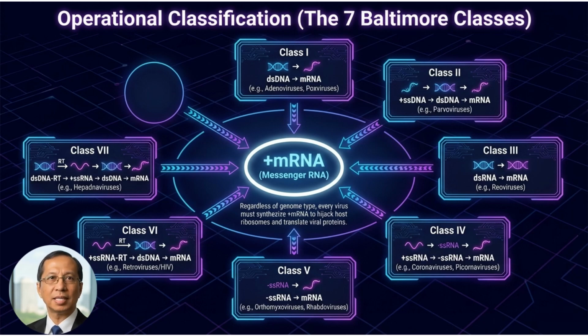Class 4 are plus ssRNA viruses, including coronaviruses and picornaviruses, which directly use their genome as mRNA or produce a negative sense RNA intermediate. Class 5 are minus ssRNA viruses, such as orthomyxoviruses and rhabdoviruses, which synthesize mRNA from their negative sense genome. Class 6 are plus ssRNA RT viruses, like retroviruses and HIV, which use reverse transcriptase to produce a DNA intermediate. Finally, Class 7 includes dsDNA RT viruses, such as hepadnaviruses, which also use reverse transcriptase.